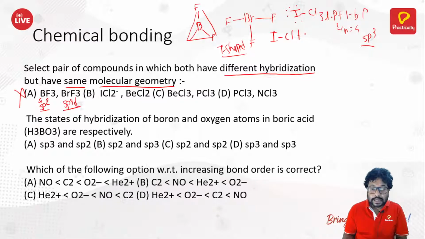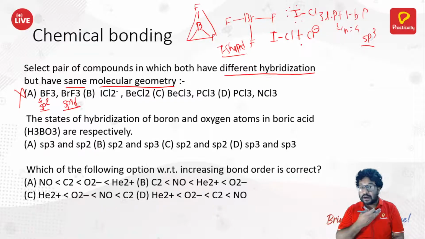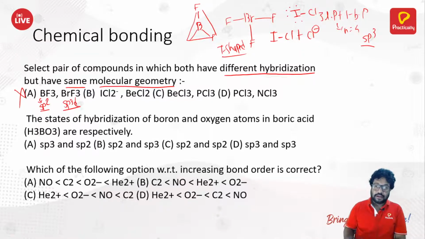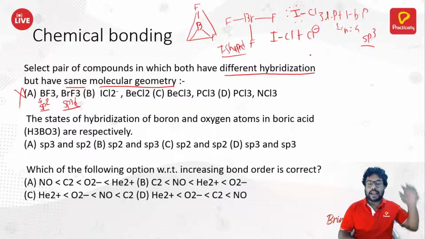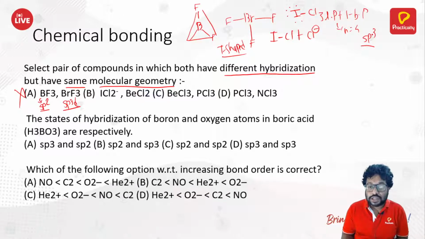But this ICl is added with one more Cl minus. Just now we had seen the earlier case. Remember? With BeF3 1 minus, where sp hybridization of BeF2 was converted to BeF3 1 minus, which has sp2 hybridization. So here this Cl minus comes and deposits its electrons in an empty d orbital of iodine, because of which this hybridization now becomes sp3d.